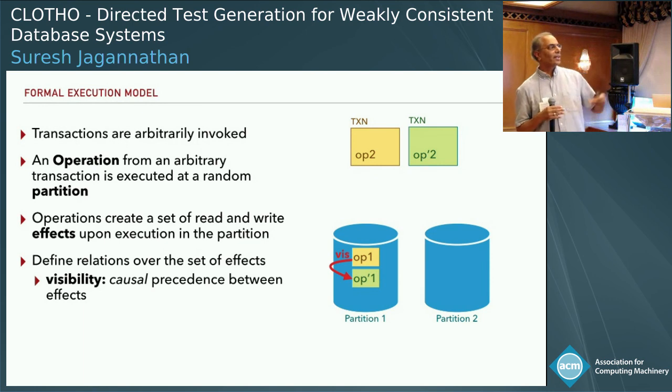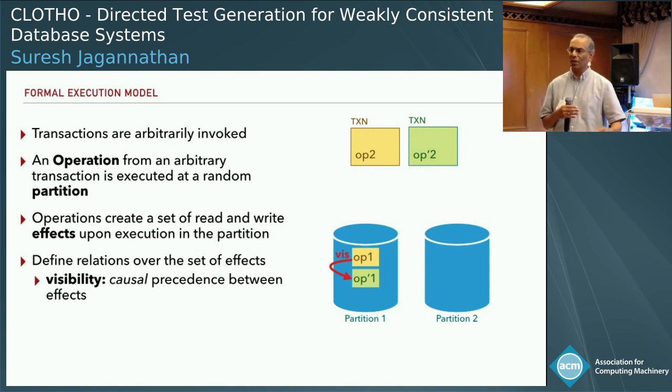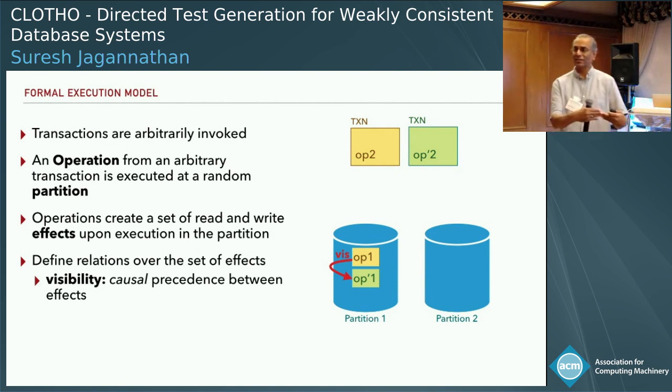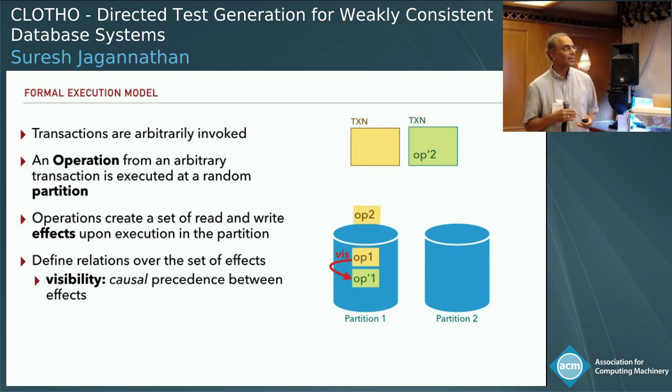So for example, if I have operation op1 which appears on partition 1, and then I subsequently allow operation op prime 1 to also execute on partition 1, well, we believe surely op prime 1 gets to witness the effects of op1, and so we set up a visibility edge, if you will, a relation between op1 and op prime 1 that says no matter what happens, the second operation must witness the effect of the first, right?